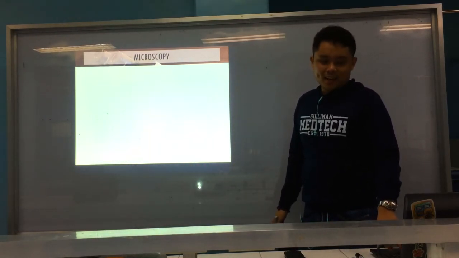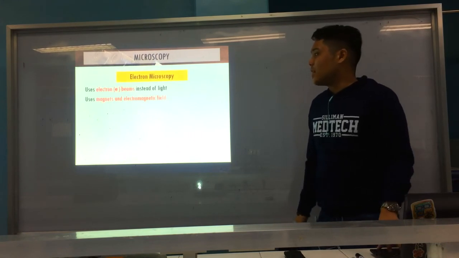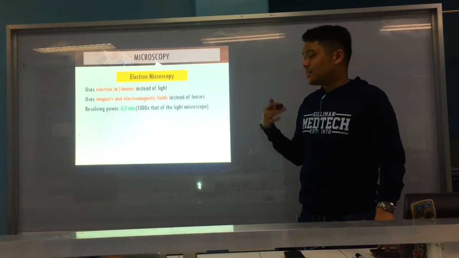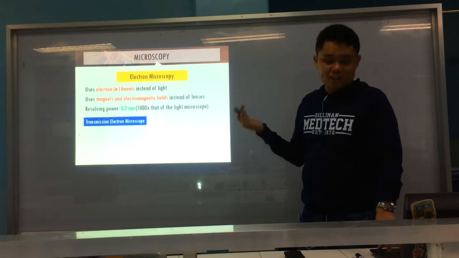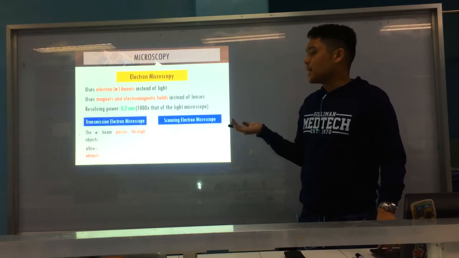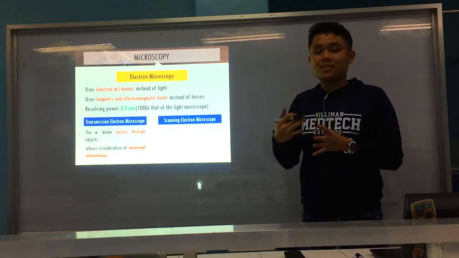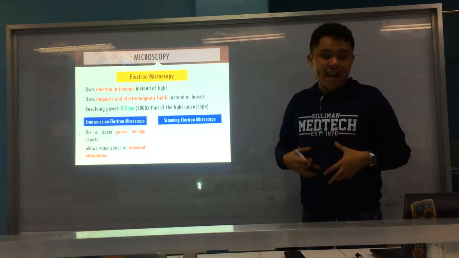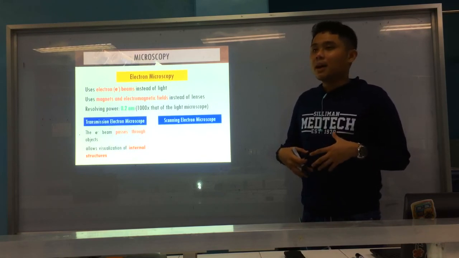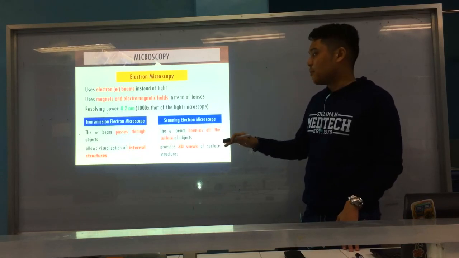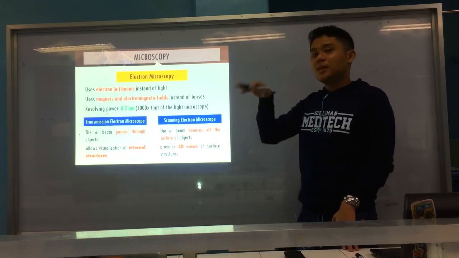Okay. Alright. And of course, the last type is electron microscopy. By the name itself, it uses electrons instead of light. And you have two types, right? You have transmission and scanning. By the name itself, transmission passes through, so it transmits. Therefore, since it passes through the structures, you can see the internal structures. For scanning, since it just passes over the surface, you only see the surface, not the internal.